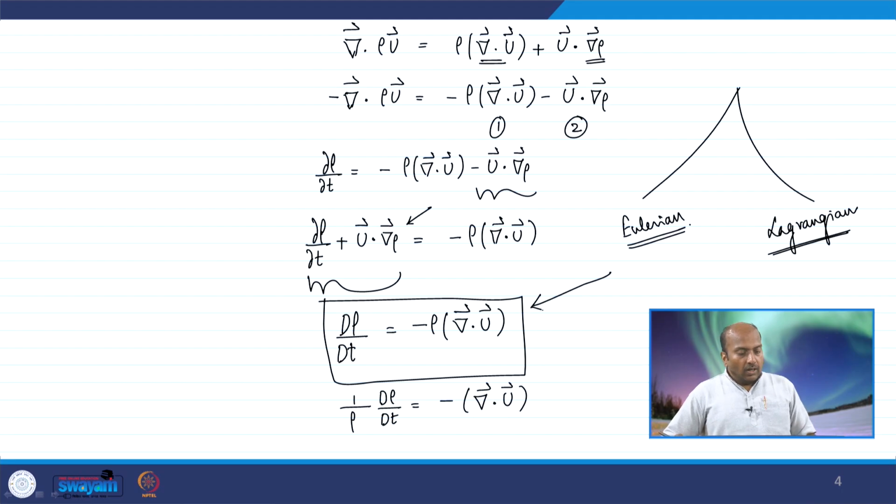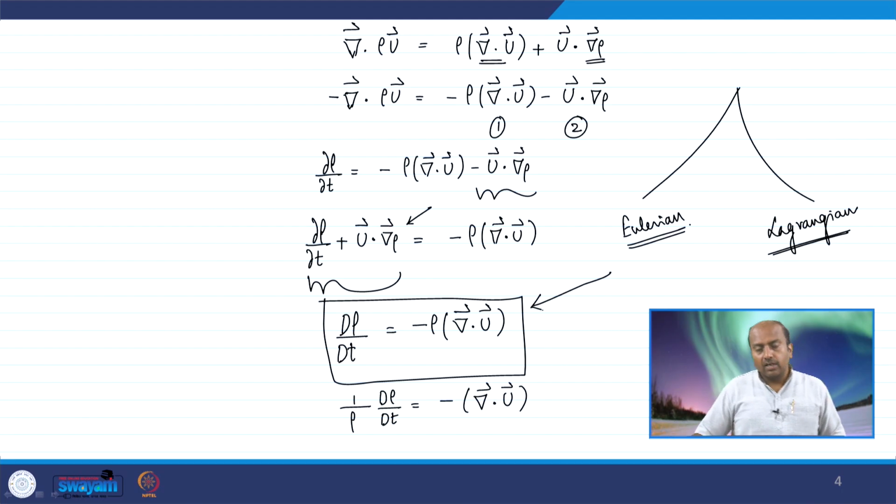So let us consider the second derivation right now, because we've already seen how the Eulerian derivation gives you the form of continuity equation. Now we will try to see how the Lagrangian approach is different. If we derive an equation of continuity in the Lagrangian approach, will it look similar to what we have done so far, or will it be different?